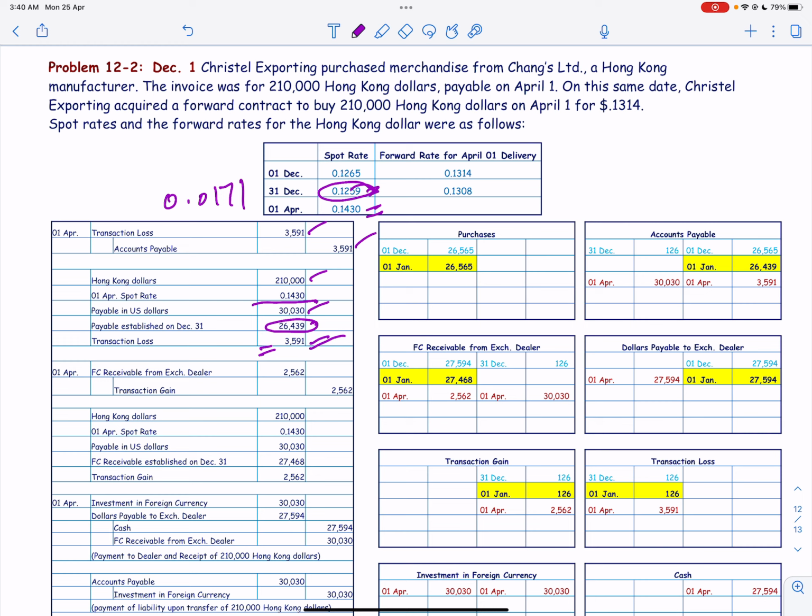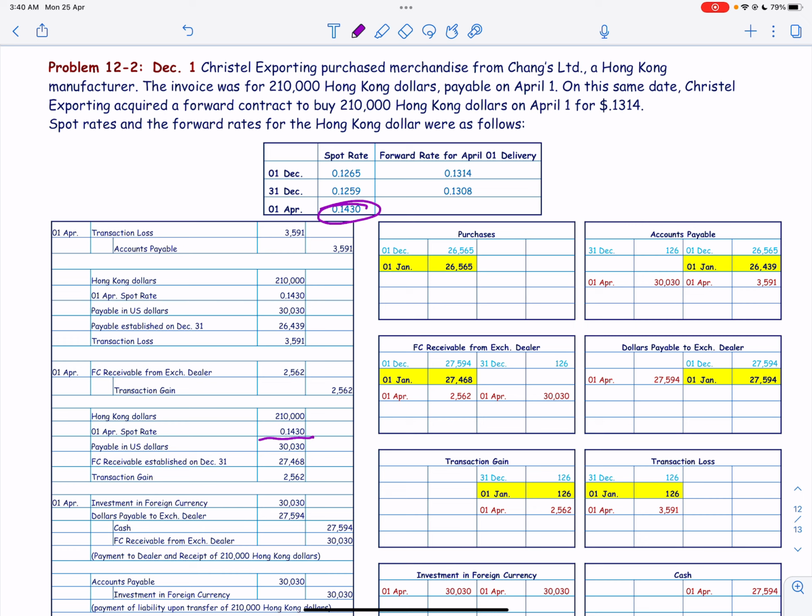Now let us see what happens in the forward contract. On the settlement date, the spot rate and the forward rate will be the same. So the foreign currency receivable from the exchange dealer will be 0.1430 times 210, that is again 30,030.